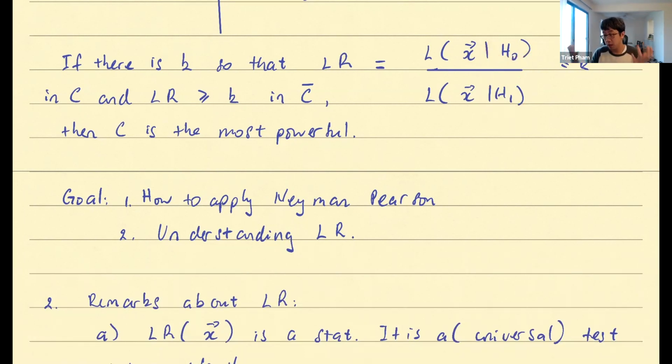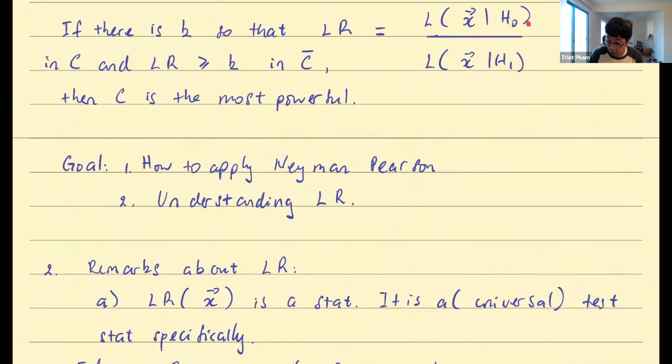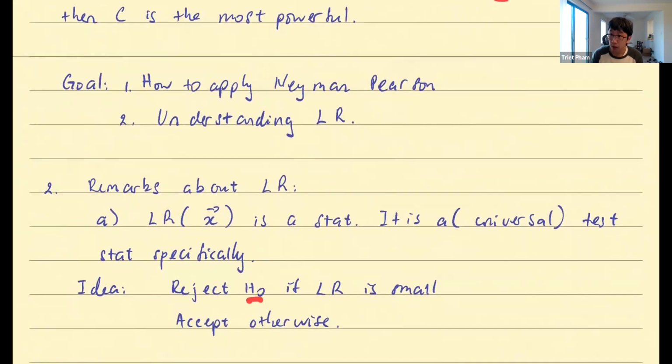So you see the evidence, you weigh the evidence under these two scenarios, and obviously you go with the one that gives you the more plausible evidence. And so if this ratio is small, that means that the evidence under the alternative is higher than the evidence under the null, so you reject the null, and then you do the opposite. All right. Now, okay, any question on this?